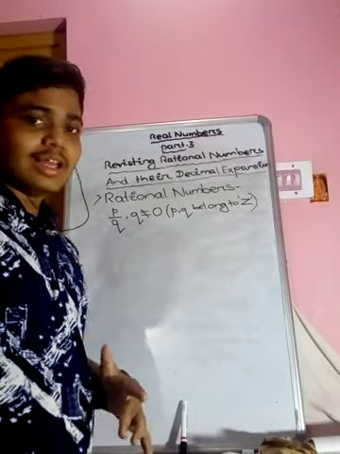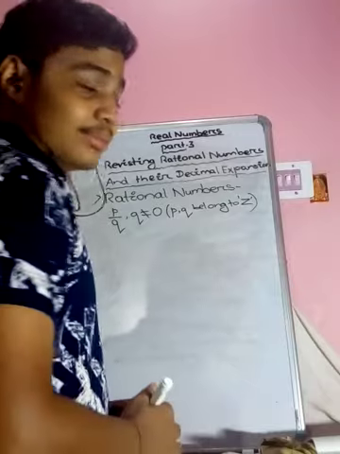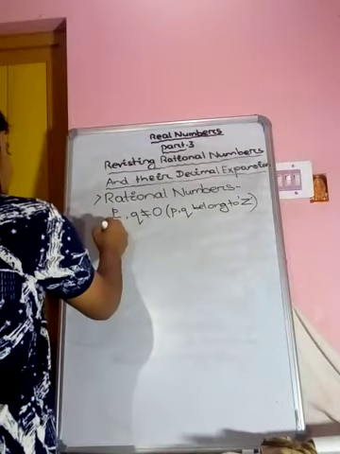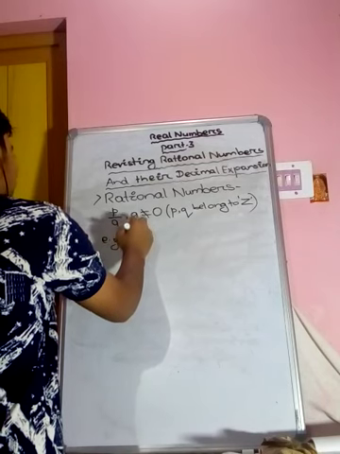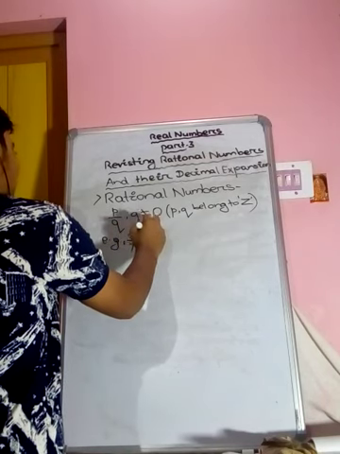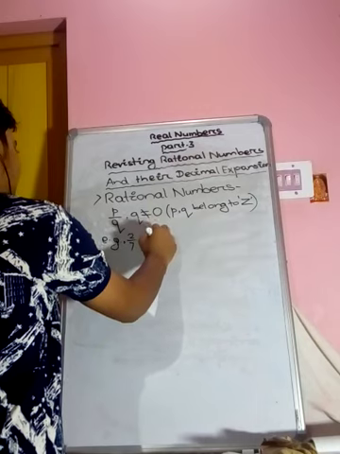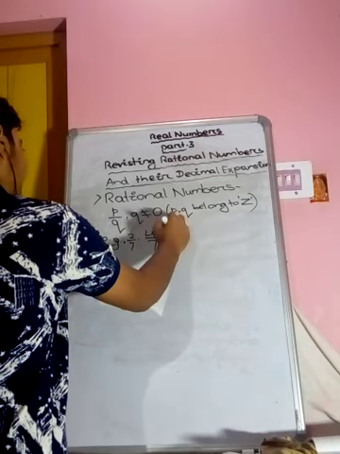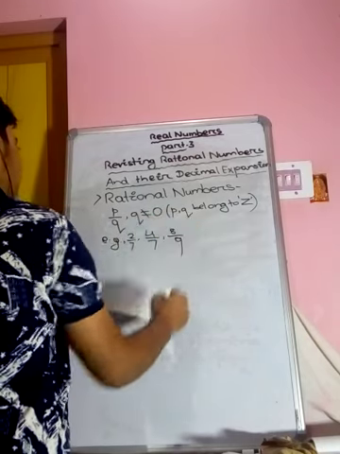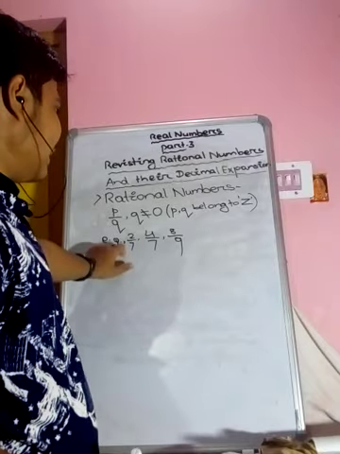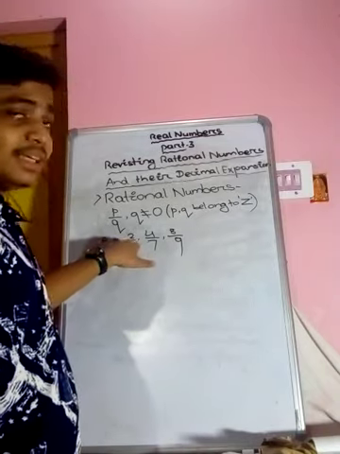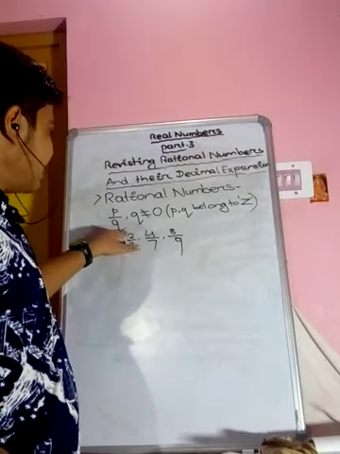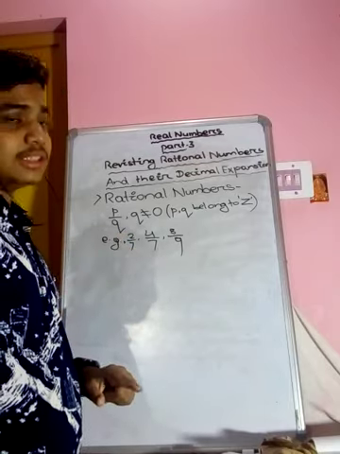So now you are clear. Can I give some examples of rational numbers? You can take any fraction, such as 2 by 7, 4 by 7, 8 by 9. Look at 2 by 7: let 2 be p and 7 be q. Here 7 is not equal to 0, and p and q belong to the integer set.